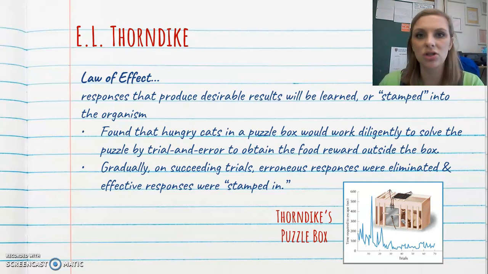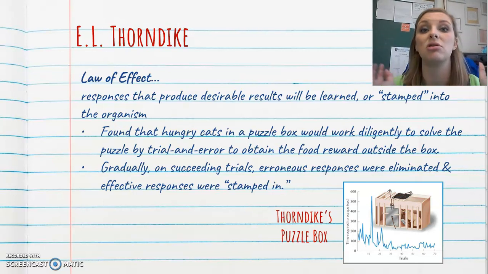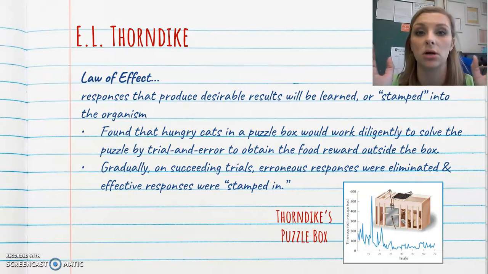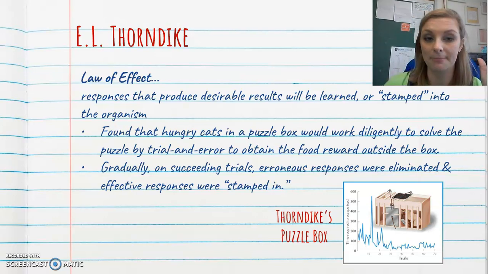The cat would continue to do that because they got a reward eventually, right? So that's the idea of the law of effect. When you do something that produces a desirable result, you're going to continue to do that behavior, okay?